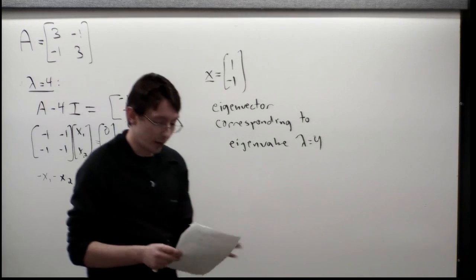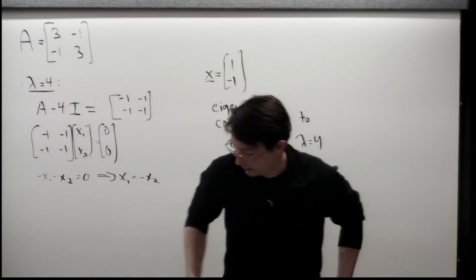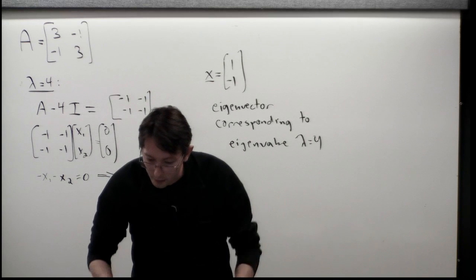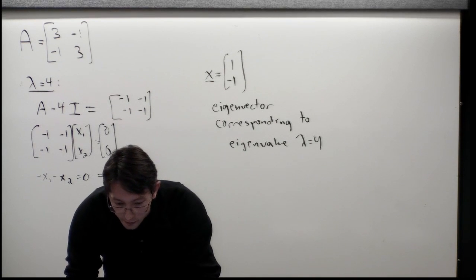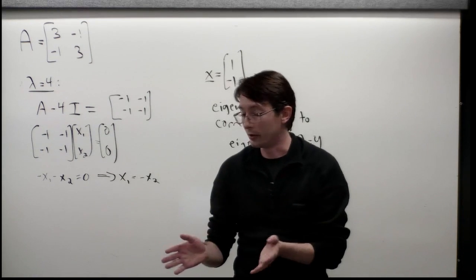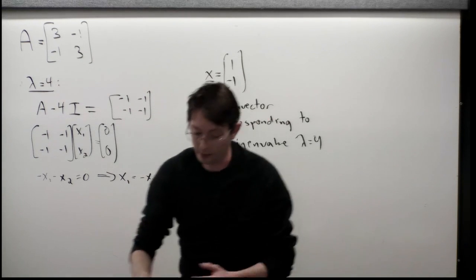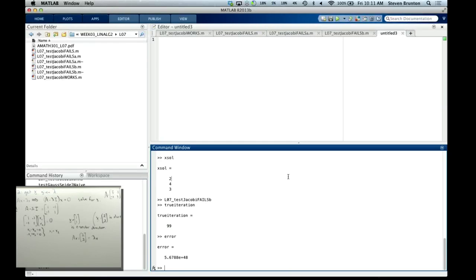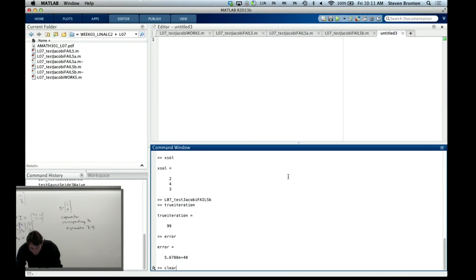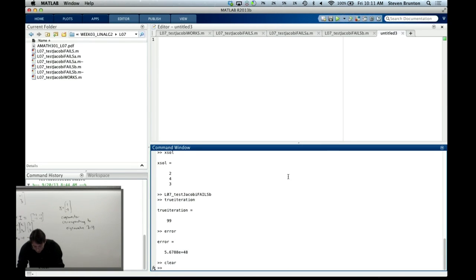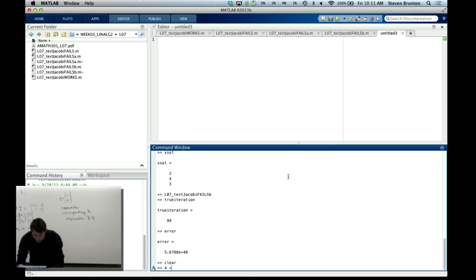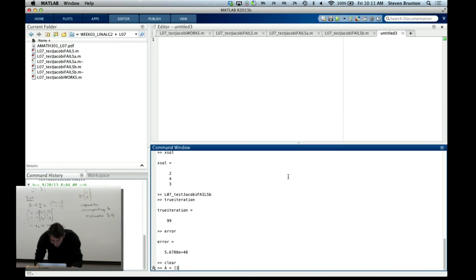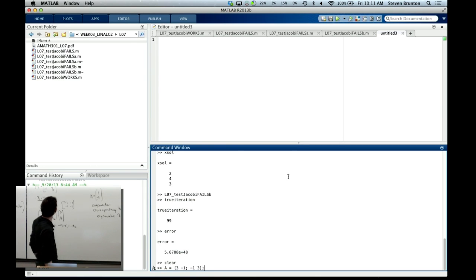Now, what we can do right off the bat is go to MATLAB. This is how you do it by hand, but MATLAB has some really nice built-in techniques to compute these eigenvalues. I'm going to clear everything and enter a matrix A equals [3, -1; -1, 3], which I believe is what we are working with.